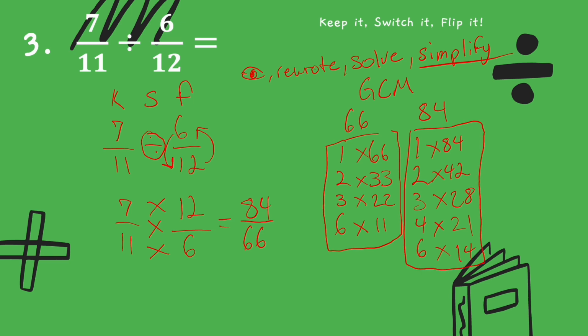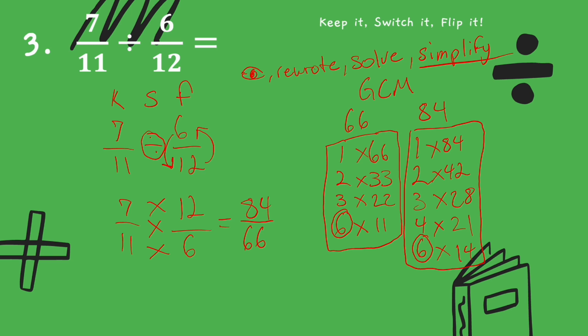And I can see that the largest number they have in common, the greatest common multiple, is going to be 6. So multiplying forward, 6 times 11 is 66, and 6 times 14 is 84, I can go backwards and divide.